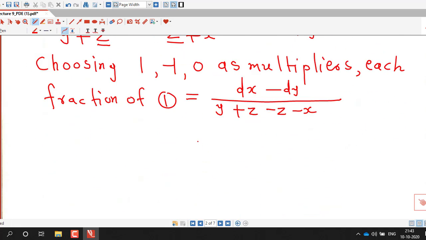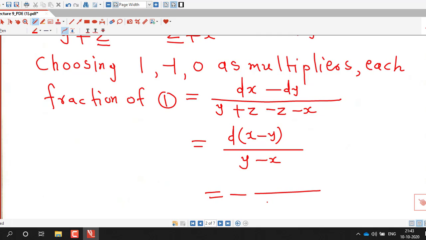So z will cancel out, and this we rewrite as differential of x minus y, and here we have y minus x. So we can write y minus x as negative of x minus y, and here we have derivative of x minus y.